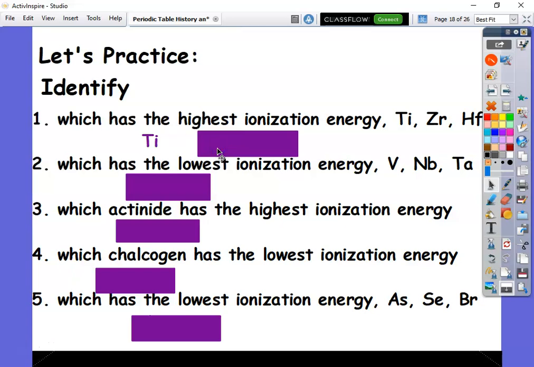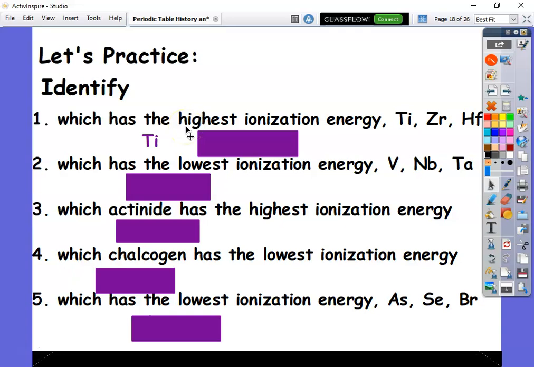Titanium atoms are at the top of that column, which means that of the elements in that column, it has the smallest atoms with the least number of energy levels in its electron cloud. So the nucleus of titanium atoms attracts its electrons more closely, therefore it has a higher ionization energy.